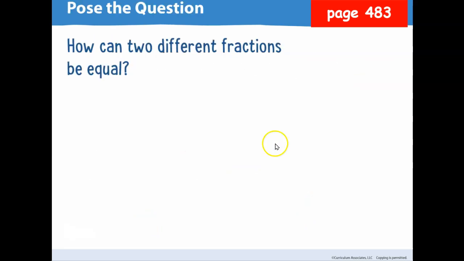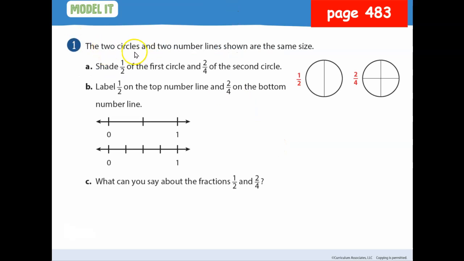Look. Okay. So look, the 2 circles and 2 number lines shown are the same size. So each circle is the same size, right? It says shade 1/2 of the first circle and 2/4 of the second circle. So let's do that. I might want to get a crayon. It's a lot easier that way. So we have to shade in half of this one.